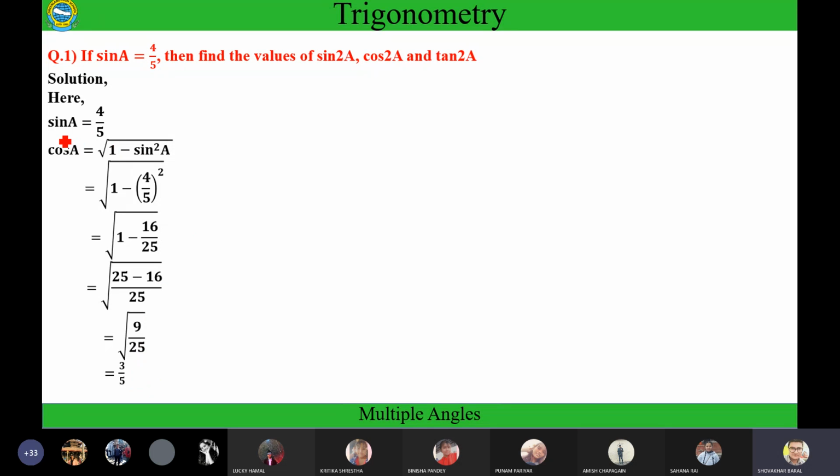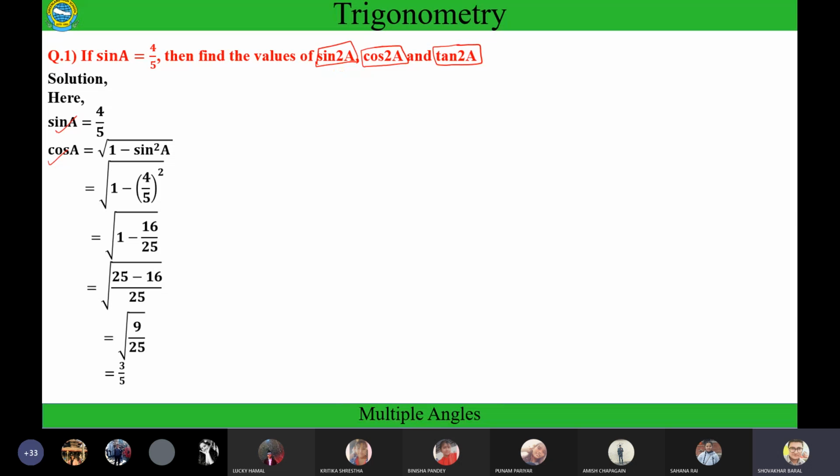Now we have both the values, sin A and cos A. As our question is demanding to find the value of sin 2A, let's find the value of sin 2A at first, and then cos 2A, and then tan 2A. There are different ways to do it. I'm going to follow one specific method by using the direct formula here.